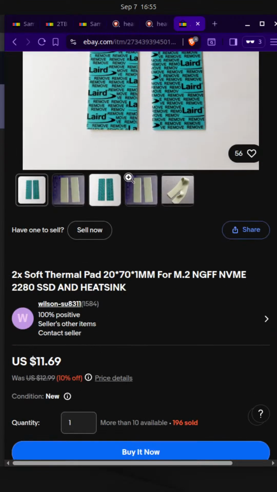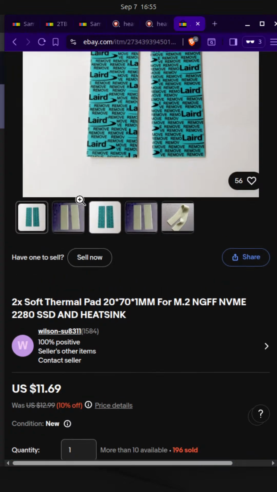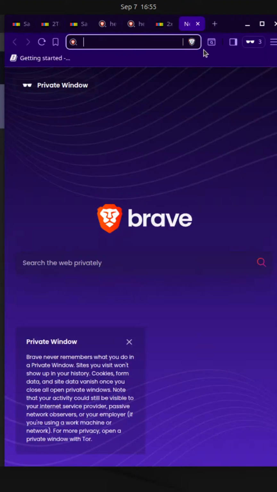Ugh, this is such a headache. I should have been on one with a heat sink. 20 millimeters seems small to me. Isn't 20 millimeters like 2 centimeters?